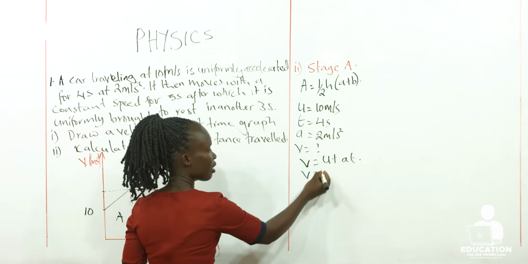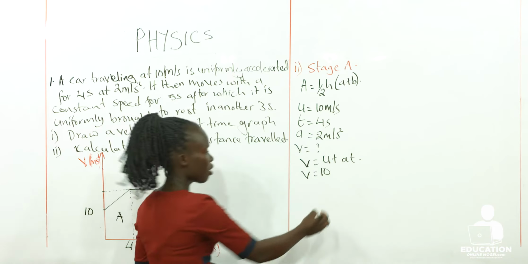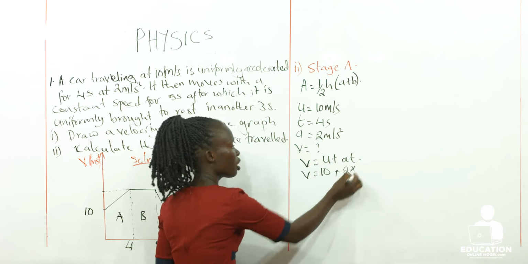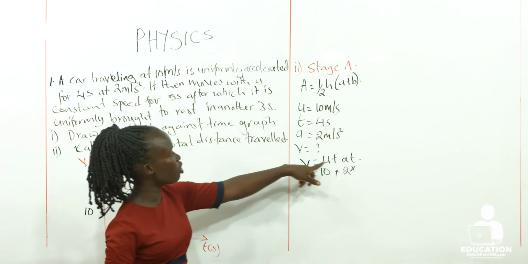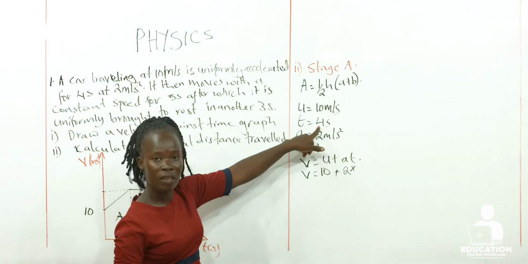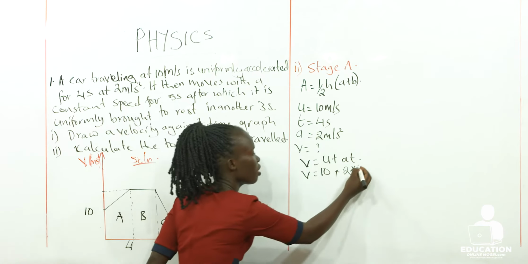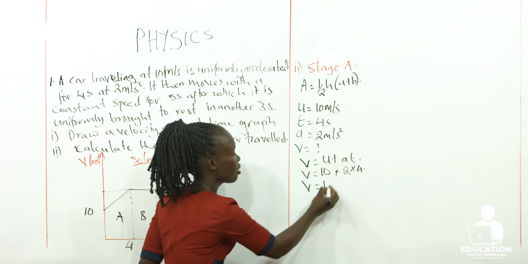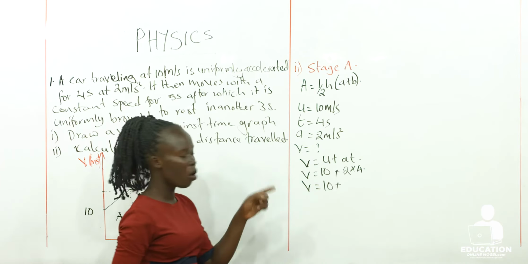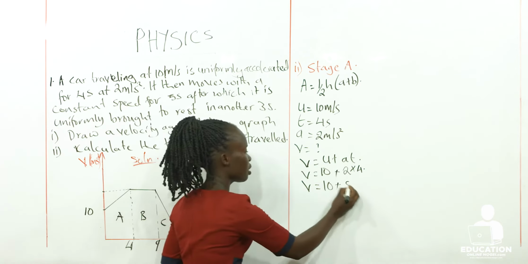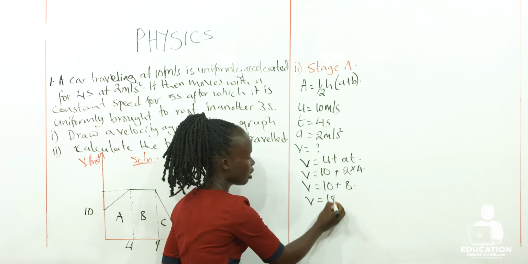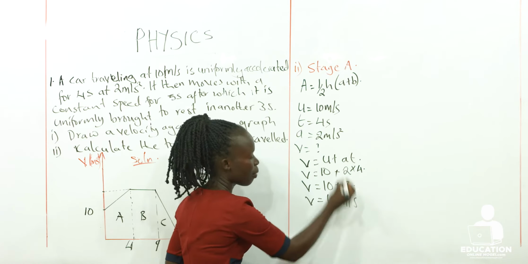Our u is 10 at this point here. Then we have our acceleration already given to us as 2, times the time taken for the body to accelerate, which was 4. We shall have v equals 10 plus 2 times 4, which gives us 8. So we shall have v equals 18 meters per second.